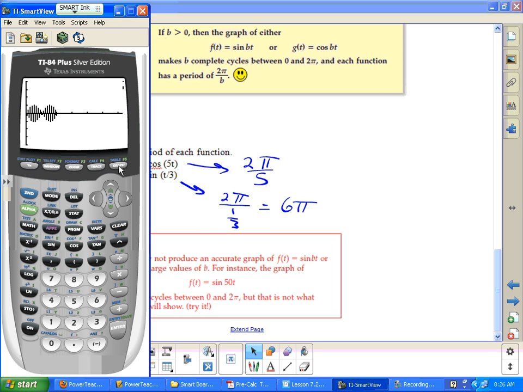Sometimes you get some really cool patterns because, let's think about it for a second.